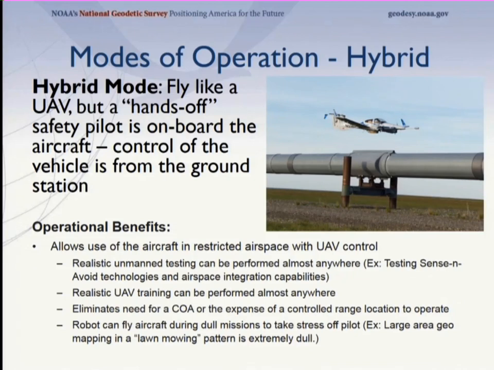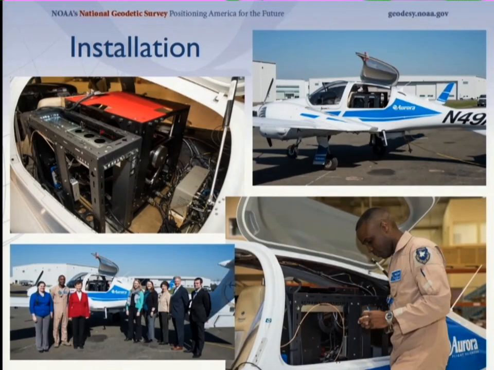It was all flown from here in Winston-Salem as a UAV with a safety pilot on board. And this is just the aircraft here, and you can see the gravity meter in it. So we now have all the airborne gravity data collected here in North Carolina, and that information is now at the National Geodetic Survey.